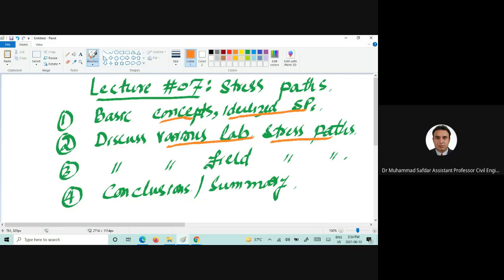Then we will discuss the field stress paths, that is how we can relate the field and lab stress paths. At the end of today's lecture, we are going to discuss the conclusions or the summary which we understand from the above topics.